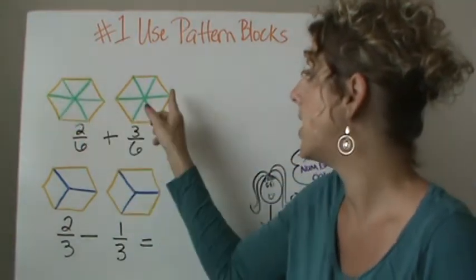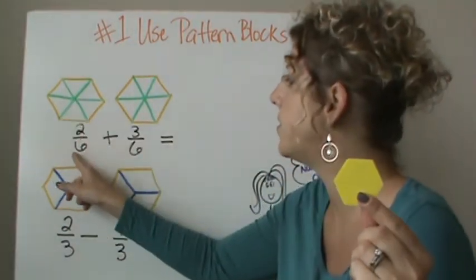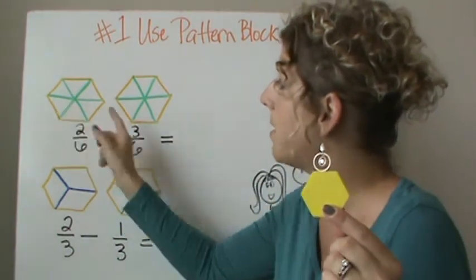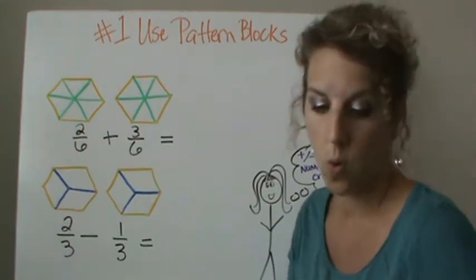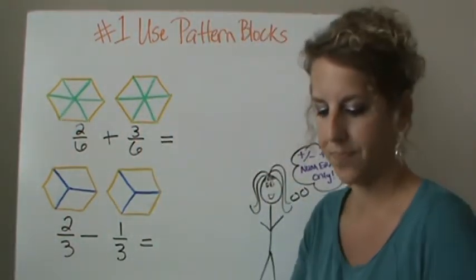So I've already drawn my whole, my hexagon, and then it says 2/6 plus 3/6. Now I've broken it up into 6 pieces, or with your hexagon you have 6 triangles.